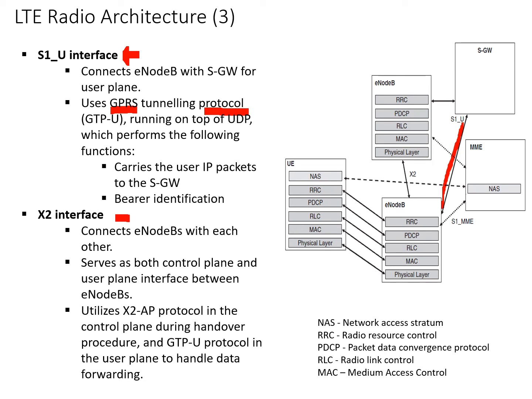Also, there is the X2 interface. This is between E node B and E node B. It connects different E node Bs with each other, serving as both control plane and user plane interface between different E node Bs.